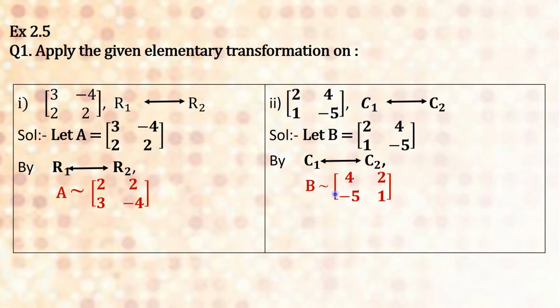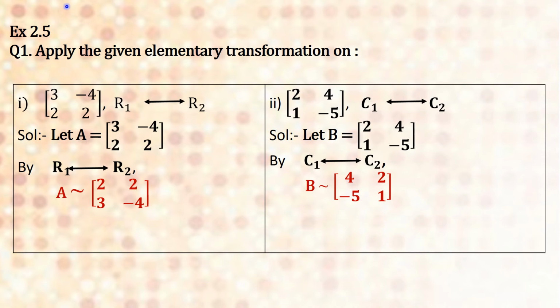So the new matrix will have the first column (2, 1) going in place of (4, -5), so (2, 1) in the second column. And the column (4, -5) will shift to the place of the first column. So (4, -5) will come to the first column. So the original matrix is equivalent to the new matrix [4 2; -5 1].